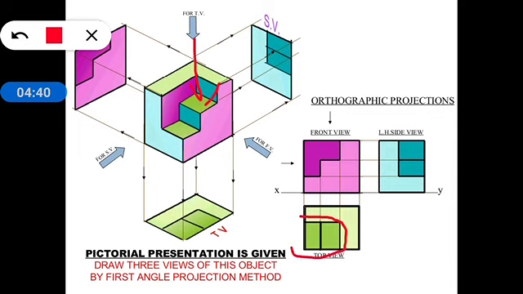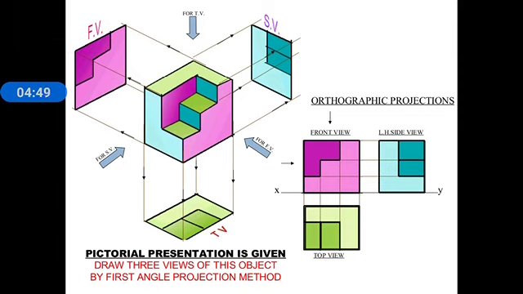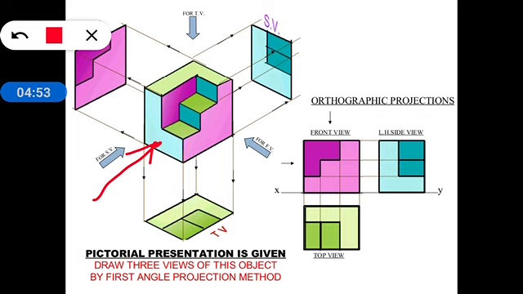This is the stairs, and this plane is this one. If we see it from the side, the stair looks like here, and from the front side the stair looks like this.